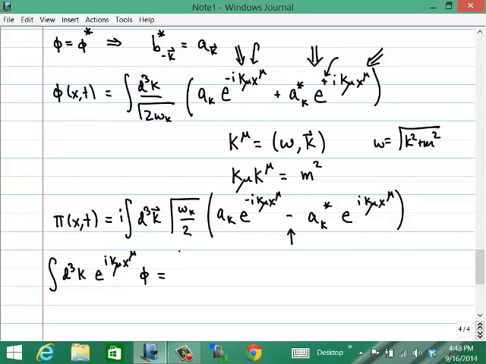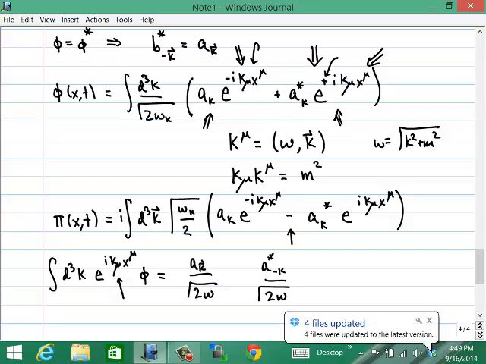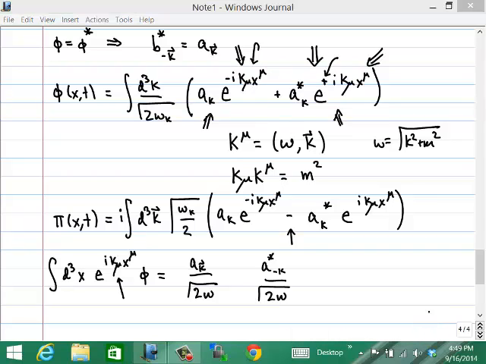So what is that? Well, you just get this AK factor divided by the square root of 2 omega. That's coming from this term here. And then in the second term, you get a star of minus k over the square root of 2 omega, because the Fourier transform picks out the term here where this 4 vector, sorry, it's integral dx, of course, because I'm taking the Fourier transform.